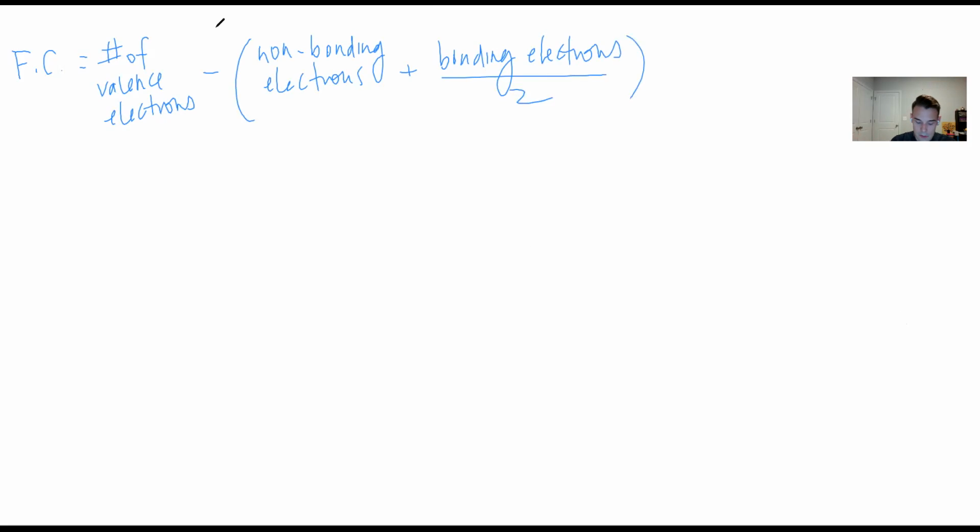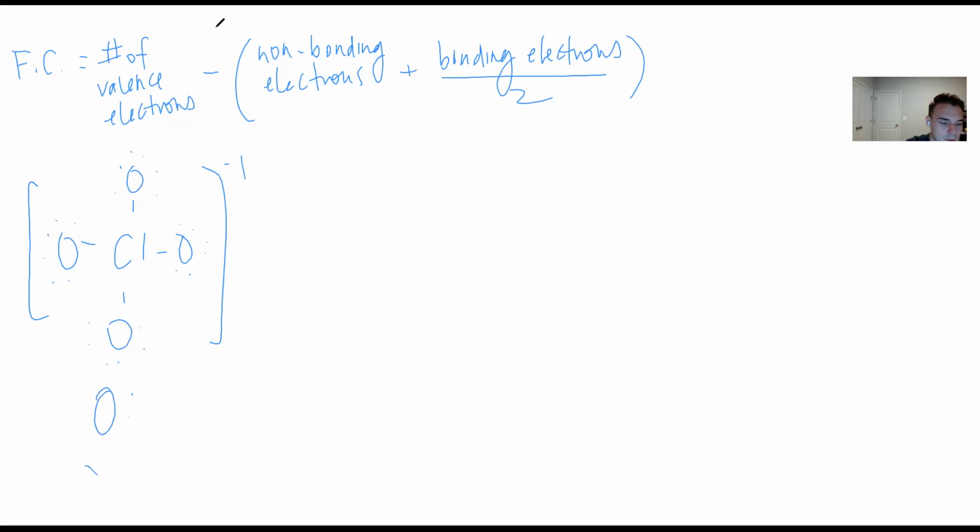Okay. So here's the structure that we had from before. And you'll notice I have two uniquely bonded atoms, the oxygen and the chlorine, because all of the oxygens are bonded the same. So I just have to do a formal charge for the oxygen and a formal charge for the chlorine. So for oxygen, oxygen has 6 valence electrons.